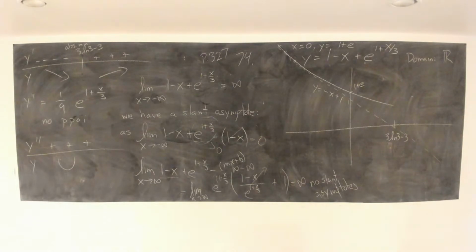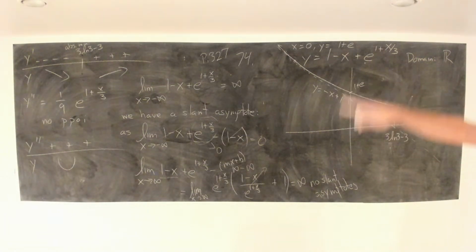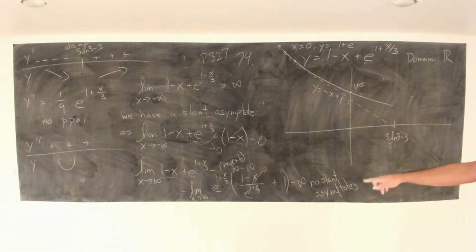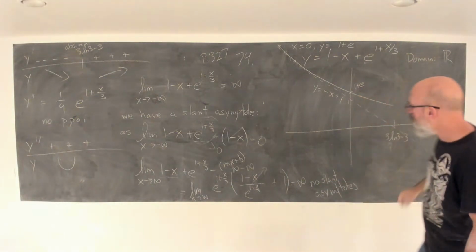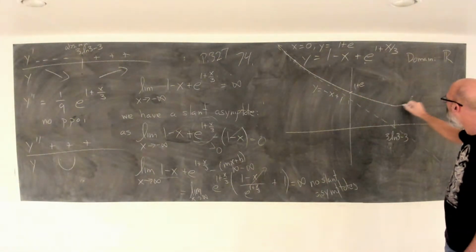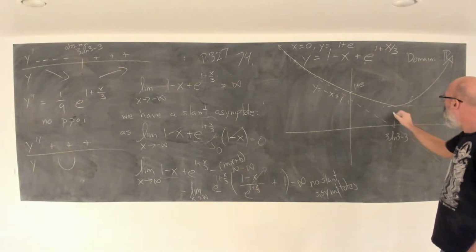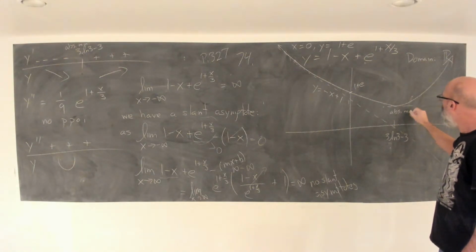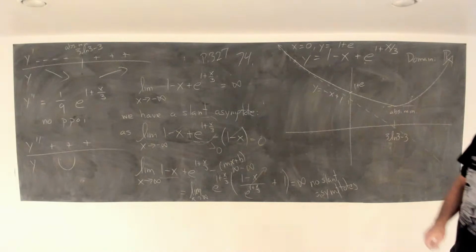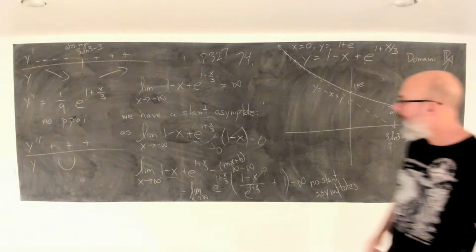And after 3 ln 3 minus 3, we are increasing, still concave up, forever. And forever is taking us to infinity. There you go. Absolute minimum here with a horizontal tangent line. That's it.